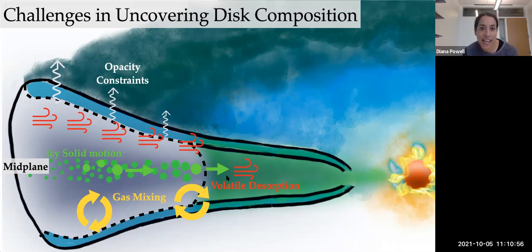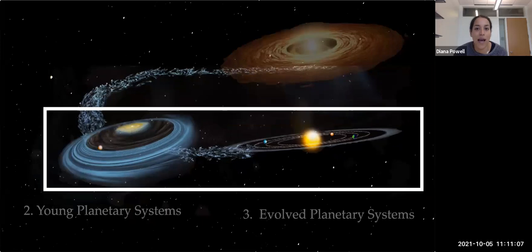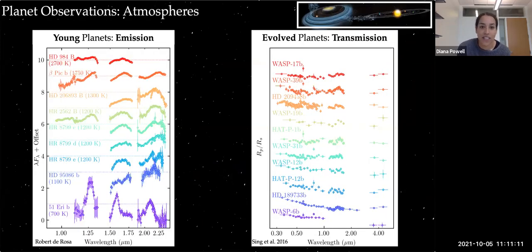So what are we actually looking at when we observe young and evolved planetary systems? A primary source of compositional information about planets comes from atmospheric observations. An example of some of the data for these observations are shown here for young planets on the left and evolved planets on the right. On the left, I'm showing a collection of emission spectra for directly observed planetary mass objects.